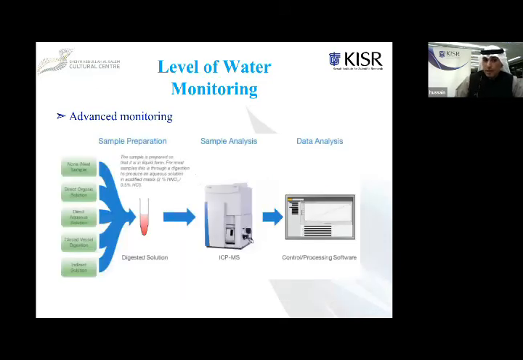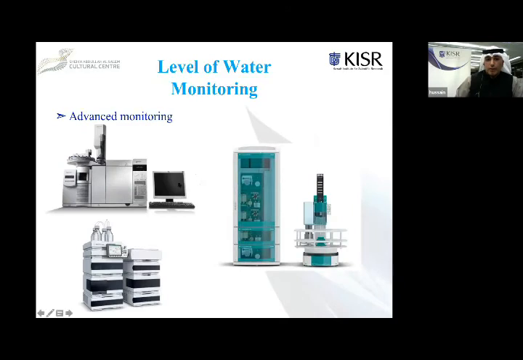This is another advanced monitoring for the wastewater, which is the ICP-MS, inductively coupled plasma mass spectrometry. We have another detailed analysis instrument, including GC-MS, gas chromatography, and high-performance liquid chromatography, HPLC, and we have the IC, which is ion chromatography.